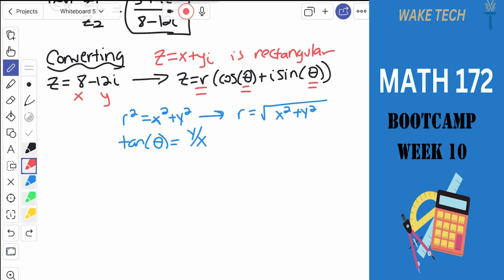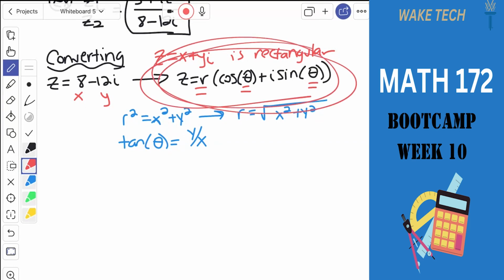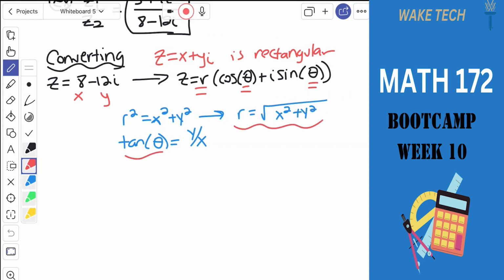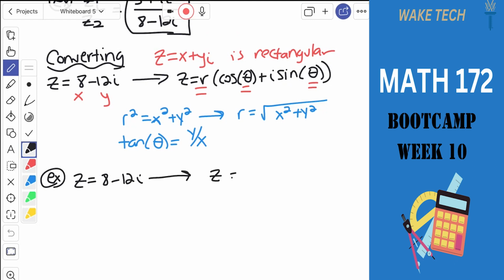Okay. So our goal is to take this 8 minus 12i and somehow figure out how to rewrite it so that it looks like this, what I just circled there in red. How we'll do it is by using x and y in these two equations in blue. So for that conversion, we need to figure out an r value and a theta value.